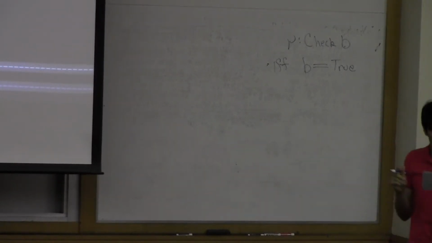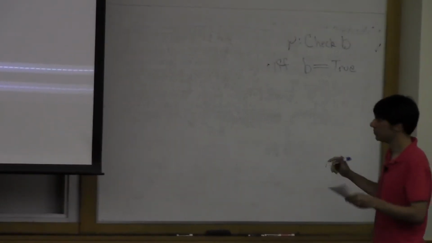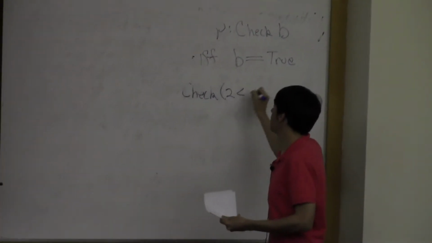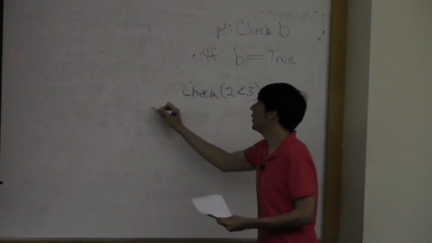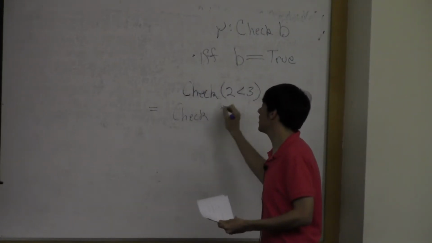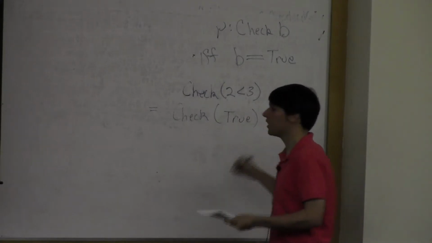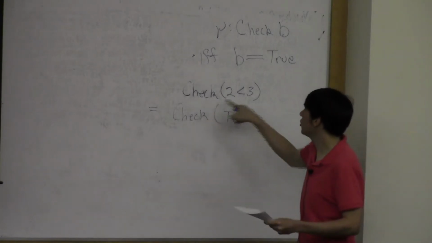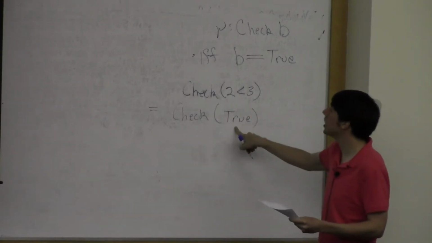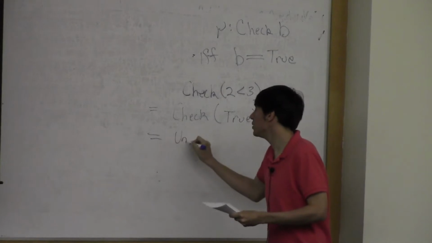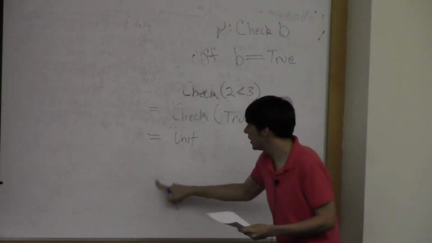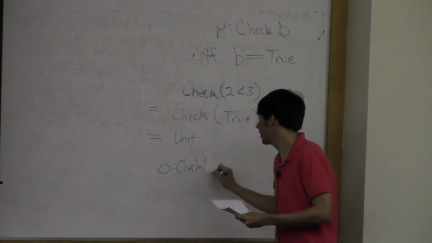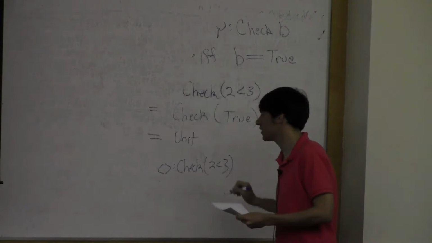OK? So for example, if we check that 2 is less than 3, well, 2 is less than 3, just where less than is just like the function that does less than on numbers, will evaluate to true. So check 2 is less than 3 will evaluate to check true, which will evaluate to unit, which means that the empty tuple has type check 2 is less than 3.